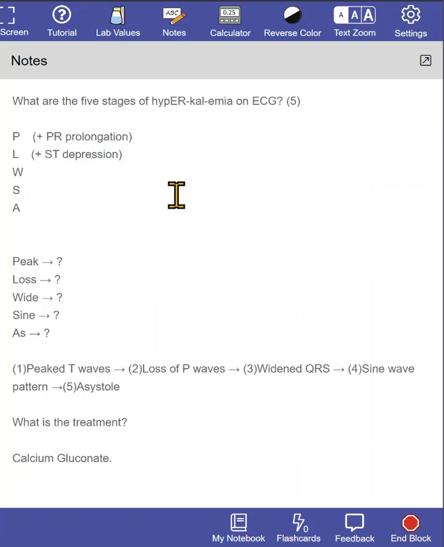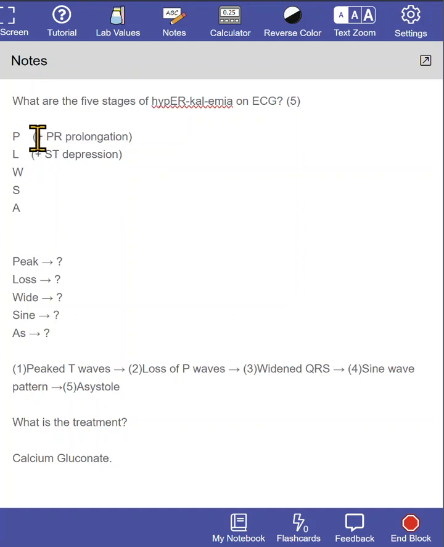What are the 5 stages of hyperkalemia on EKG? So it's PLWSA: you have PR prolongation in addition to peaked T waves, and ST depression.